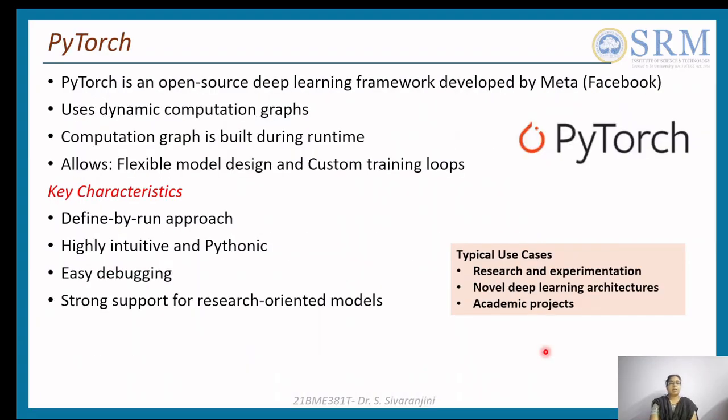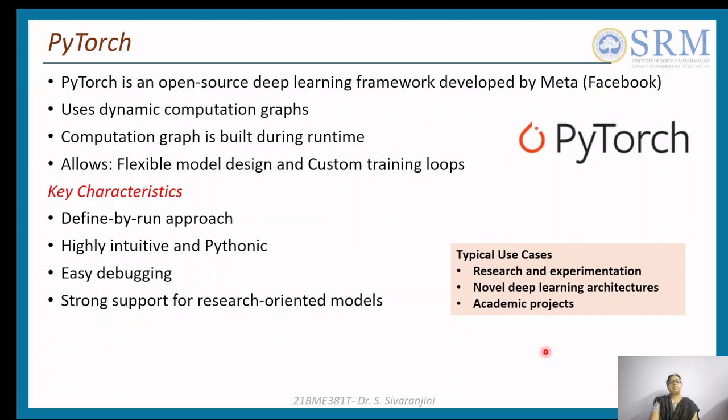The next deep learning library is PyTorch. PyTorch is an open source deep learning framework that was developed by Meta, Facebook. It uses a dynamic computation graph, while TensorFlow uses a static computation graph.